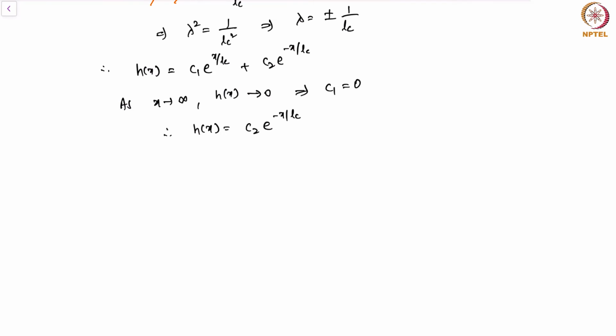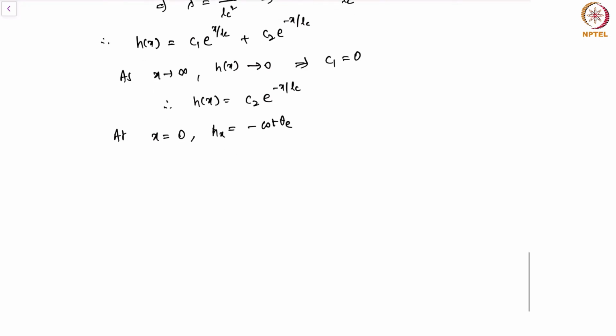Now, if I say that this solution is valid all the way till the wall at x equal to 0, h of x is minus cot theta e, and if we do this, we have minus cot theta e is minus c2 by LC into e power 0.